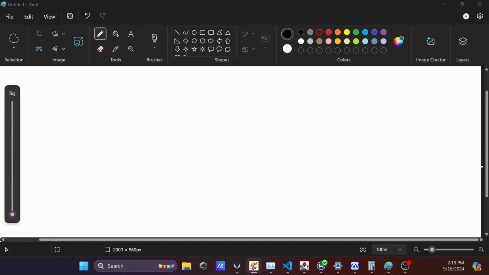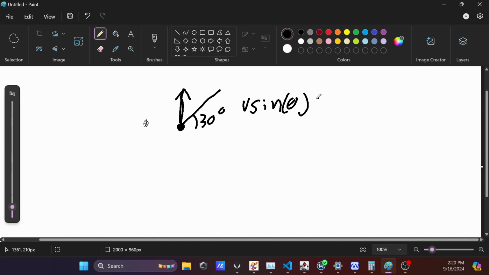Number 20. At what rate is the gravitational force on a 2 kilogram projectile doing work at an instant when the velocity of the projectile is 4 meters a second directed 30 degrees above the horizontal? So our V here is at 30 degrees, and so the vertical component of the velocity is going to be 4 sine theta.